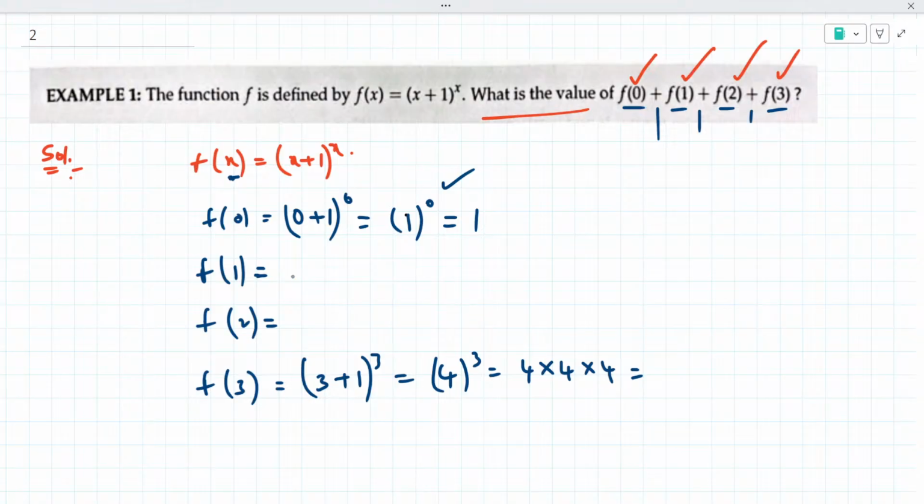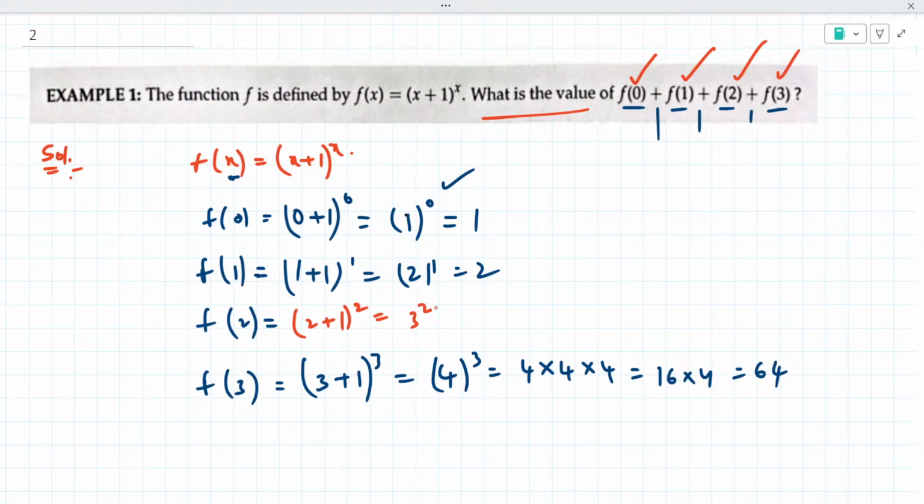You're saying that f of 1 is 2. Yes, you are right. That equals 2 power 1, which equals 2. Can you just tell me f of 2 in the same way? Yes, you're saying 9. That's going to be 2 plus 1 whole power 2, which equals 3 square, which is 9.